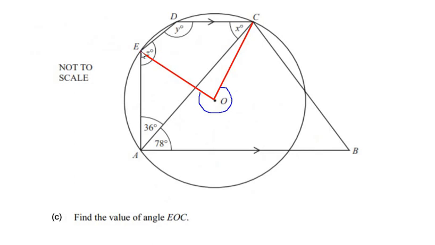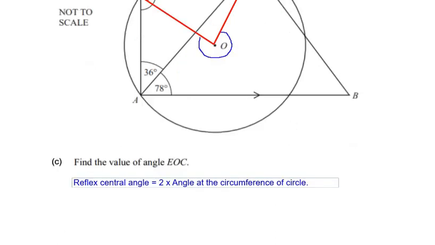Now here we can see that point E and point C make an angle at the center of the circle, and the same 2 points make an angle at the circumference of the circle at point D. And since we are looking at the reflex central angle, we are going to use the reflex central angle theorem and write here reflex central angle is equal to 2 times angle at the circumference of the circle.